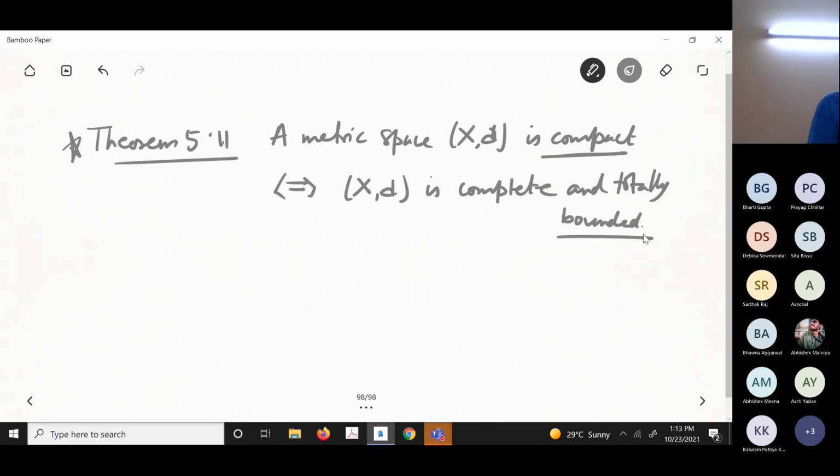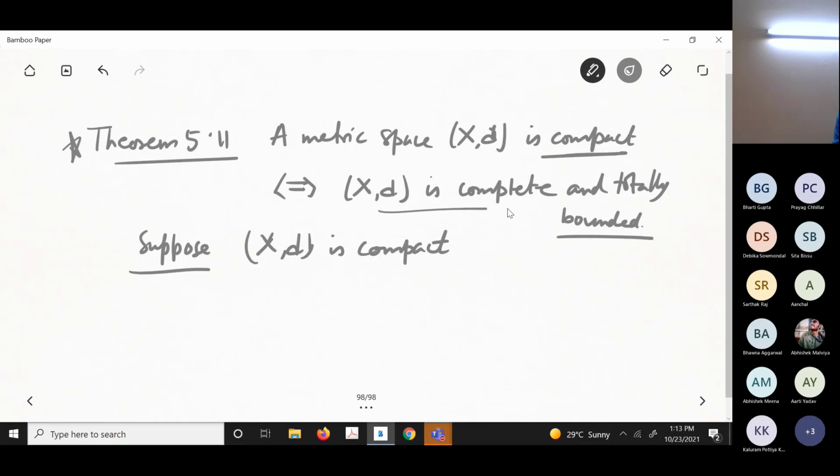Look, I will use the sequential characterization of compactness. Basically you need the sequential characterization. Suppose X is compact. Now I need to prove it is complete and totally bounded. Well, you first take a Cauchy sequence.